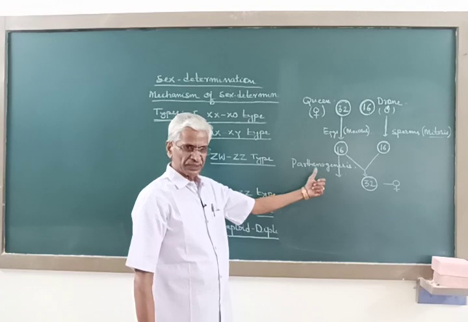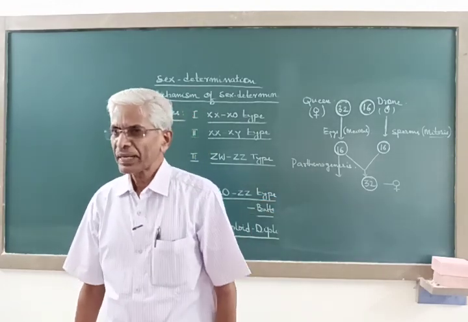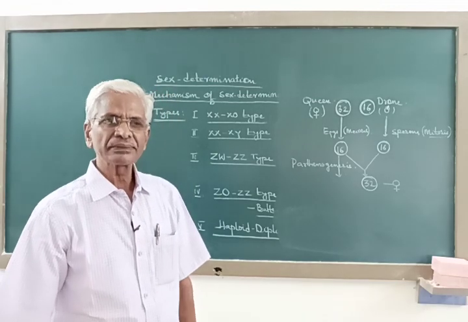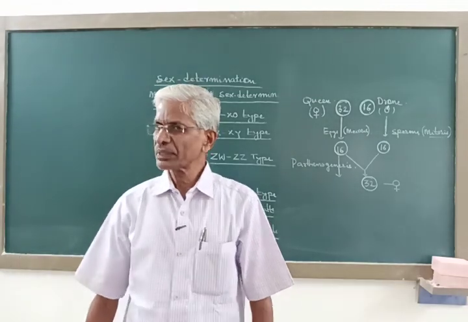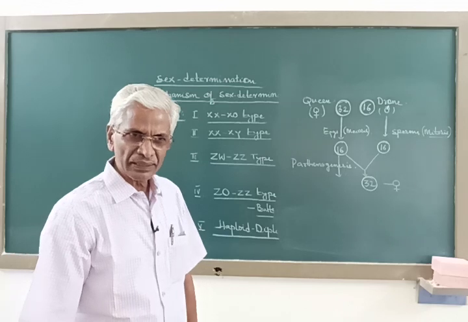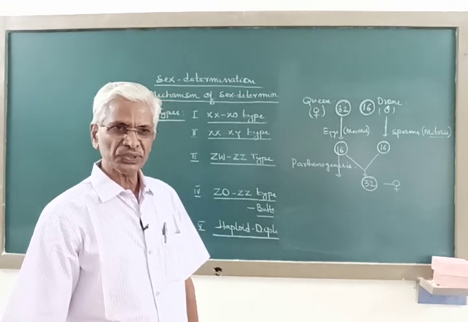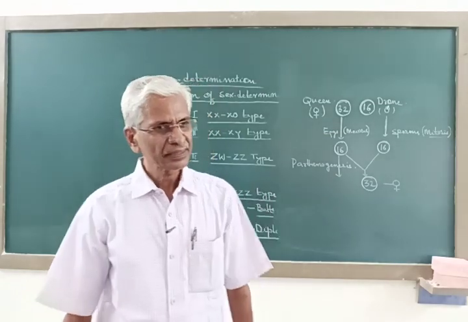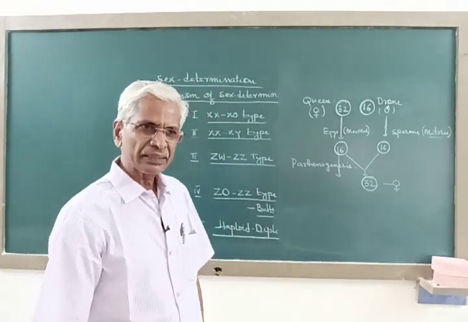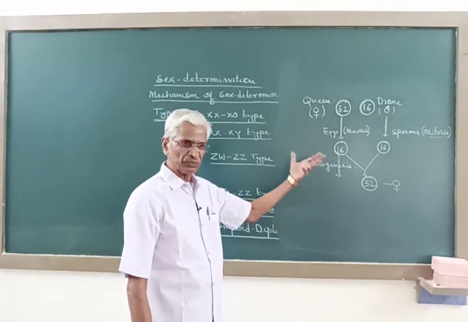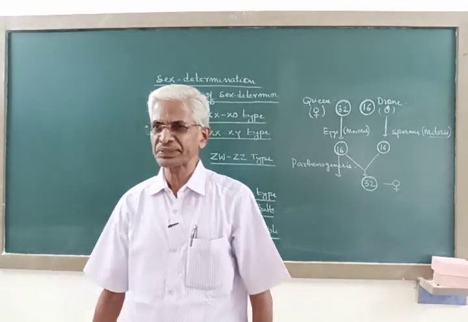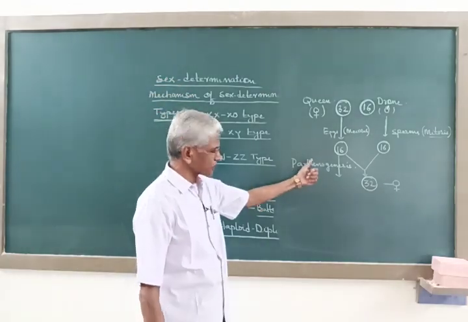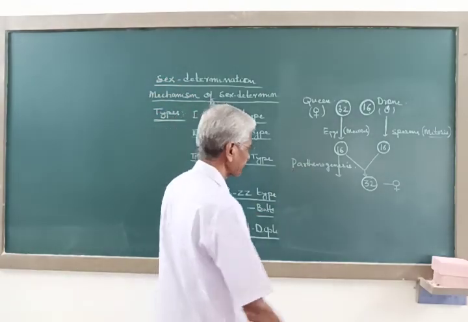Parthenogenesis is the pattern of development where a young one develops without the regular process of fertilization. Often eggs without fertilization directly develop into a new individual, and this unusual, uncommon type of development is called parthenogenesis.